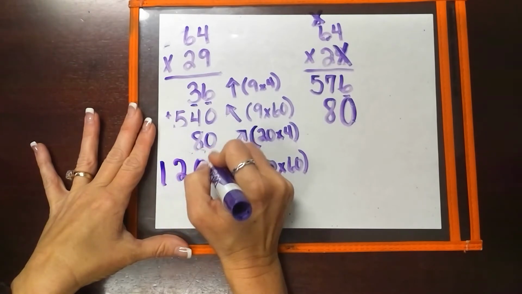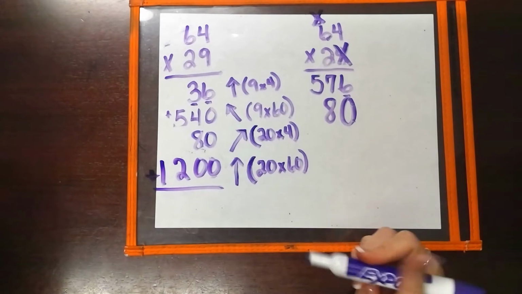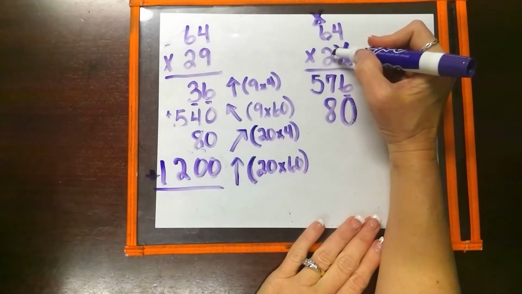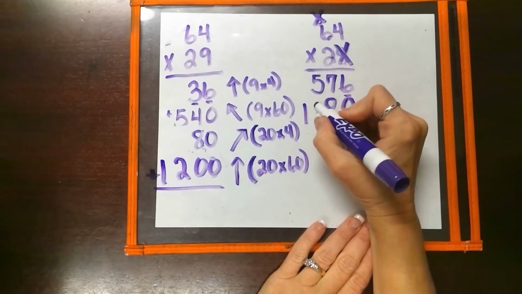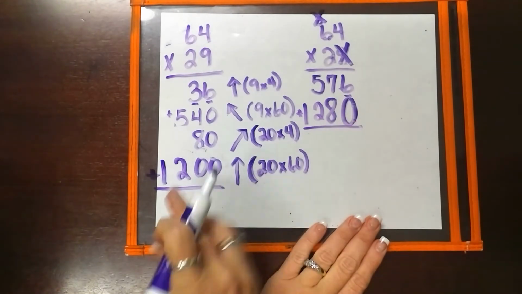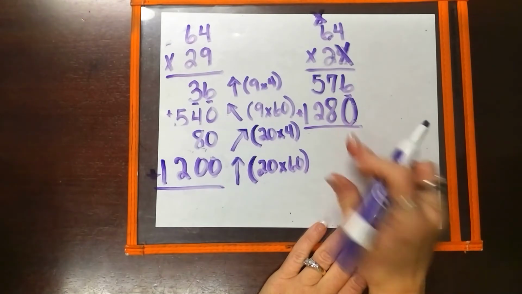I would have told my boys and girls, guess what, boys and girls? Miss Greer just made a mistake. All right, so we're going to come over here and we're going to do 2 times 6 is 12, and then we add them together, and I would show them 1,200 plus 80 is 1,280.